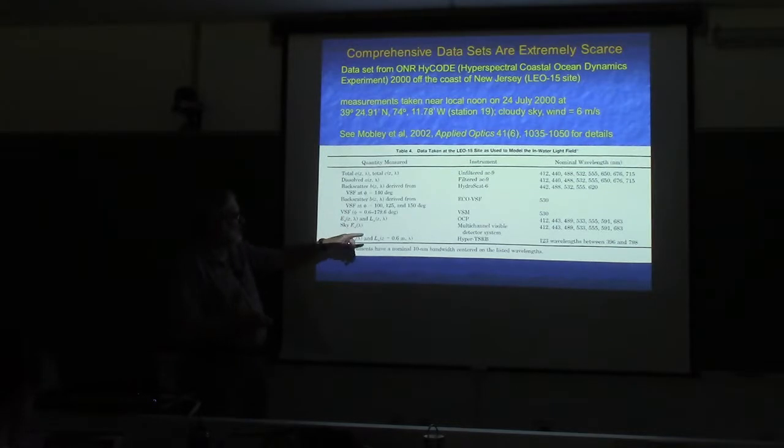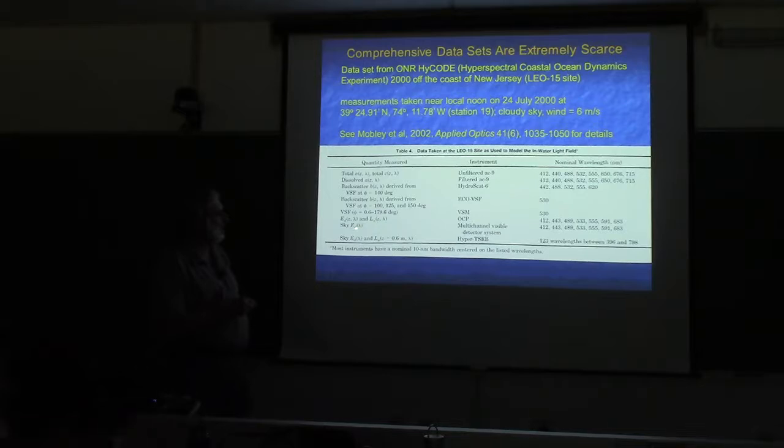We had an instrument built by the Ukrainians called the volume scattering meter that actually measures the volume scattering function from 0.6 to 179.6 degrees at 530 nanometers. And then we had E_d and L_u and the sky E_d, and then we had values from instruments there.